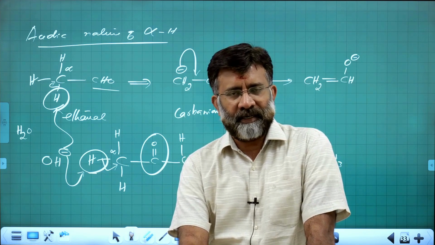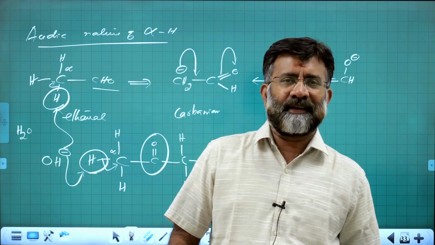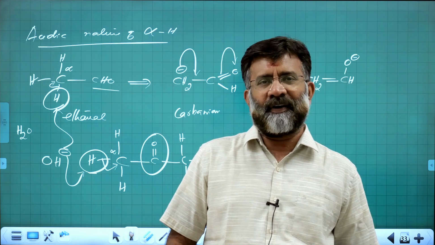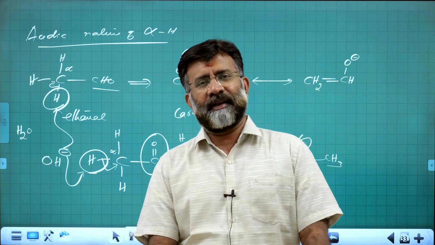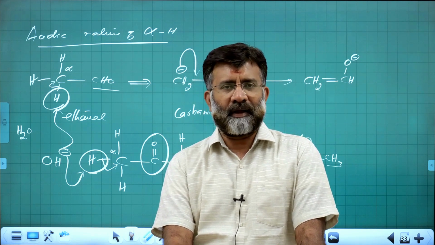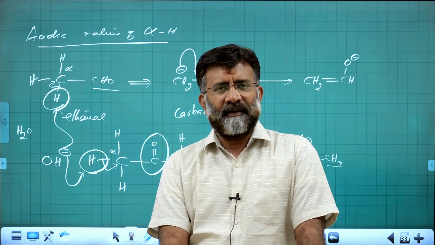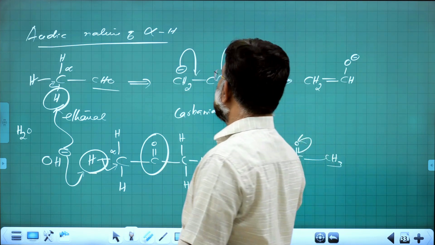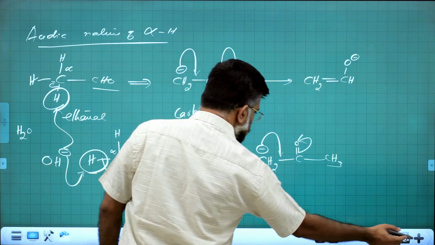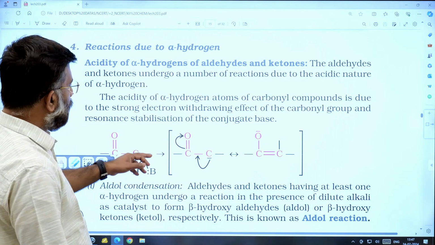Aldol condensation is in fact a condensation reaction given by aldehydes and ketones with alpha hydrogen atoms. Aldehydes and ketones with alpha hydrogen produce aldol condensation. It's a simple condensation reaction which is triggered by the alpha hydrogen atom.